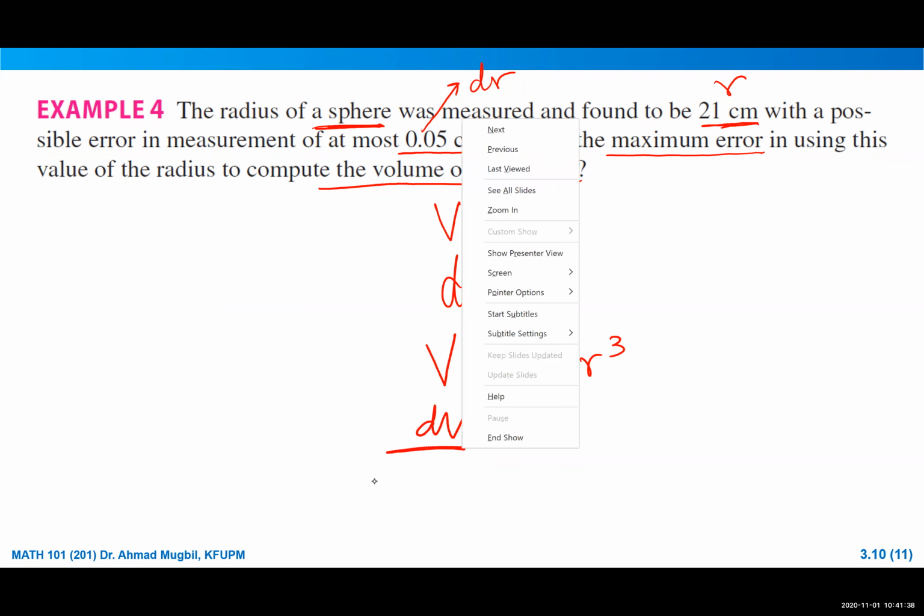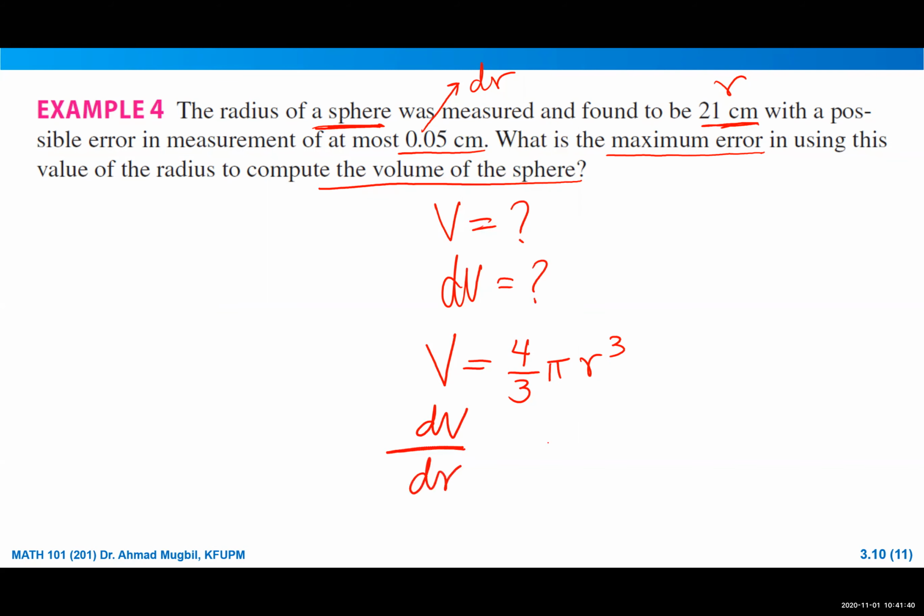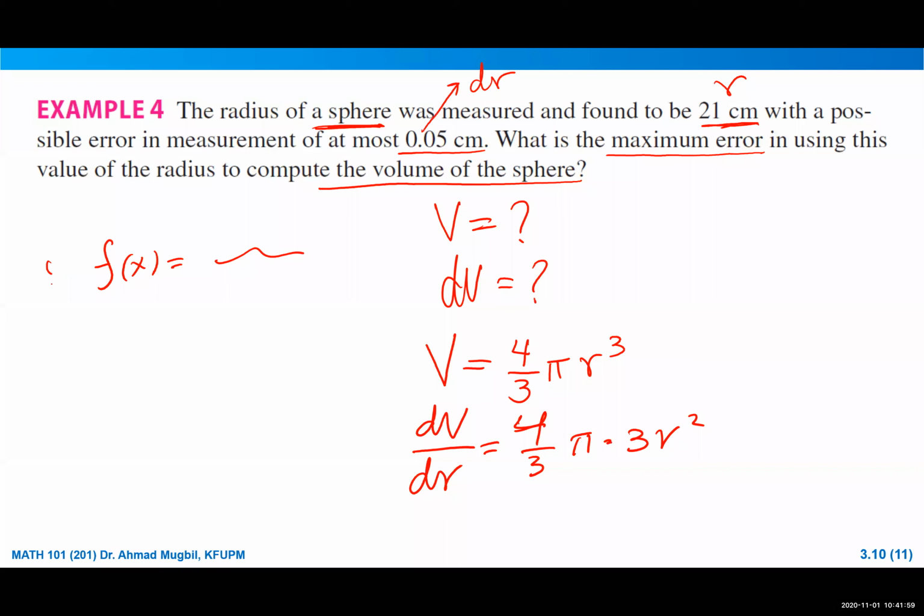You can think about it this way: dV/dr equals 4 over 3 pi times 3r squared. Do we have dr here again? No, we are differentiating with respect to r. It is like when you have y equals a function, and you differentiate, you say dy/dx equals f prime of x.